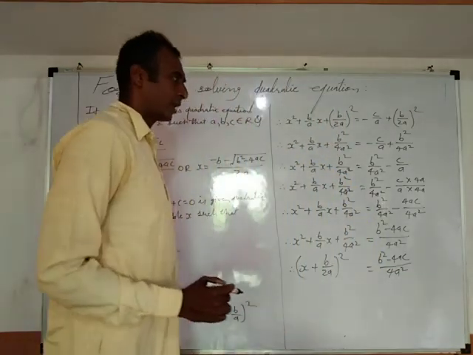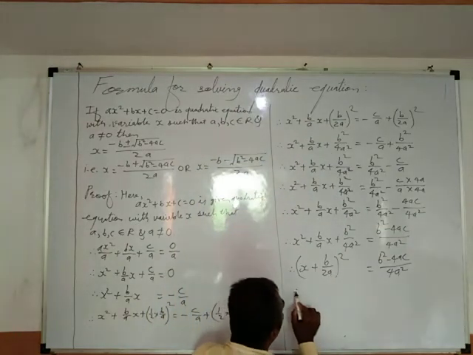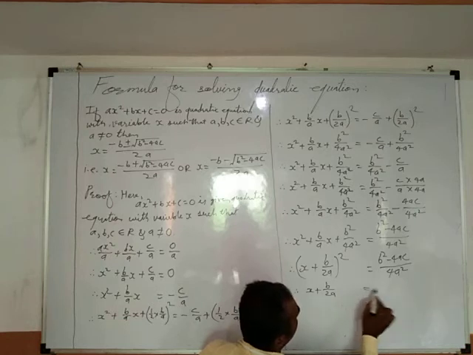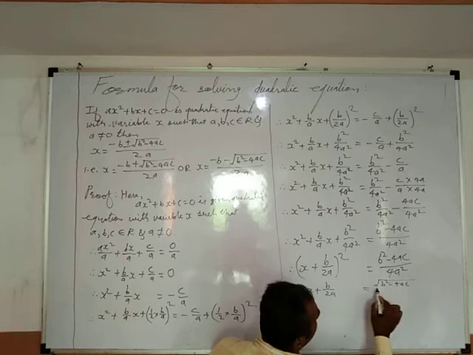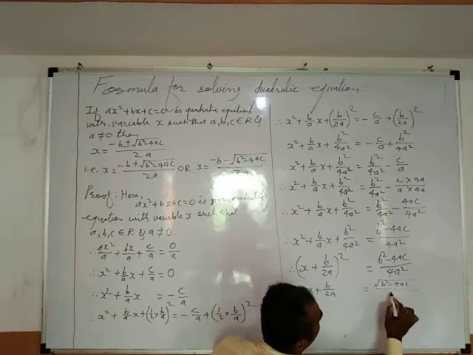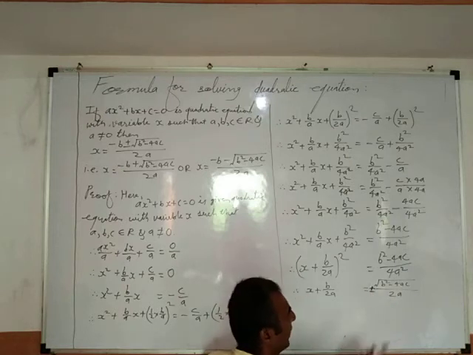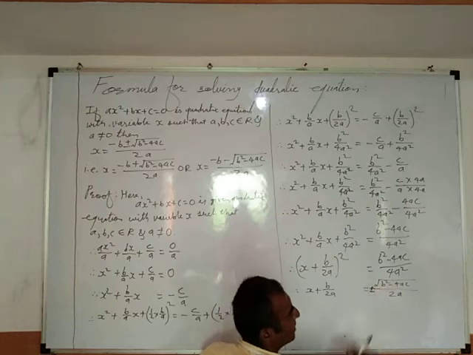Now, by taking square roots of both sides, we get x plus b upon 2a equals under root b square minus 4ac upon 2a, and the sign will be plus or minus, because the square of the positive term is positive as well as the square of the negative term is also positive. That's why plus or minus under root b square minus 4ac upon 2a.